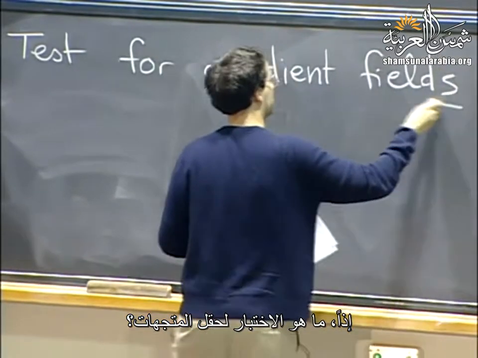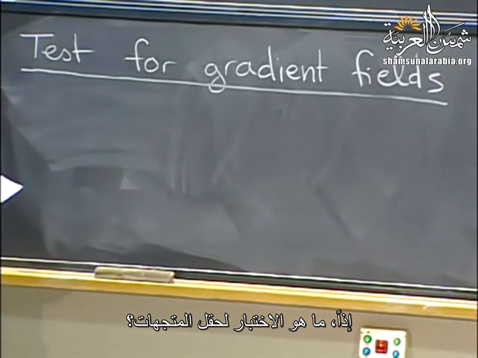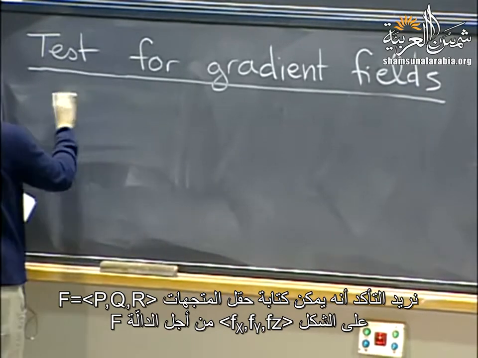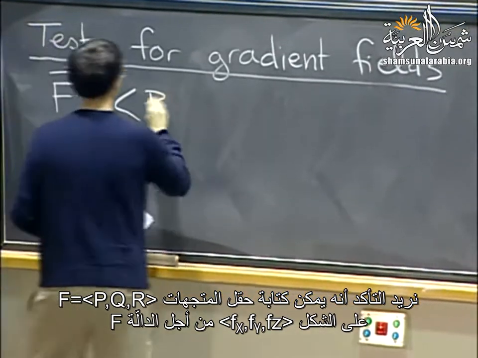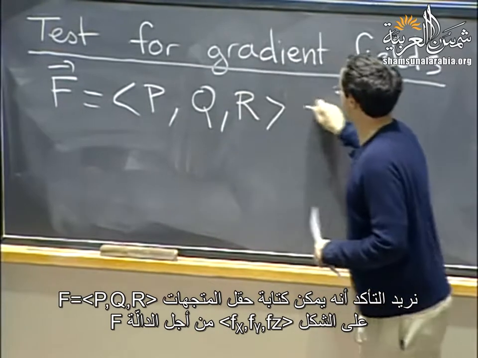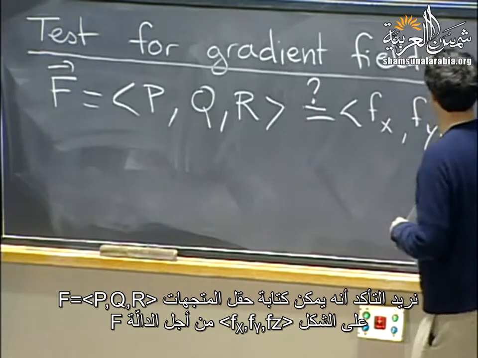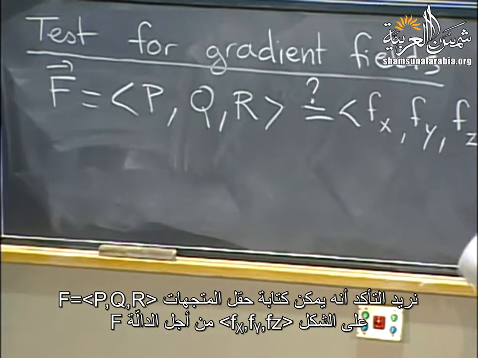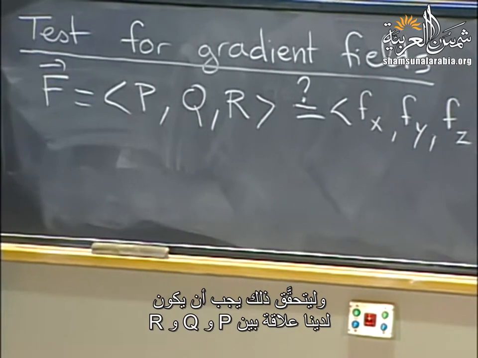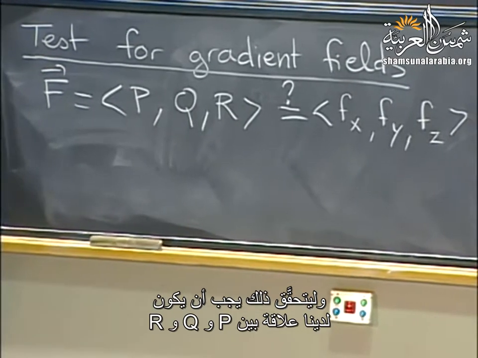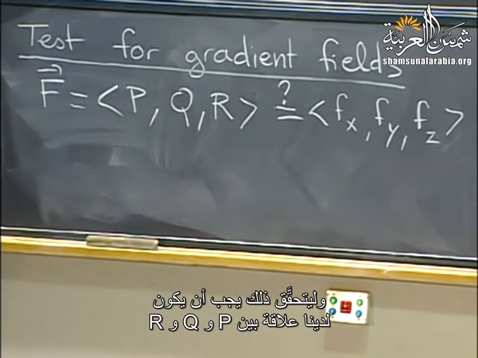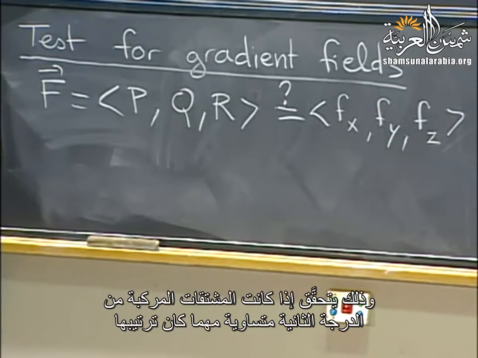So what's our test for gradient fields? We want to know whether a given vector field with components P, Q, and R can be written as f sub x, f sub y, and f sub z for the same function f. And for that to possibly happen, we need certainly some relations between P, Q, and R. And as before, this comes from the fact that the mixed second derivatives are the same no matter in which order you take them.